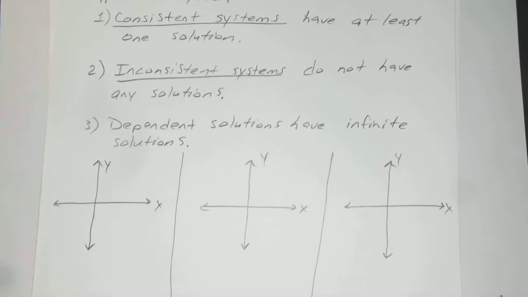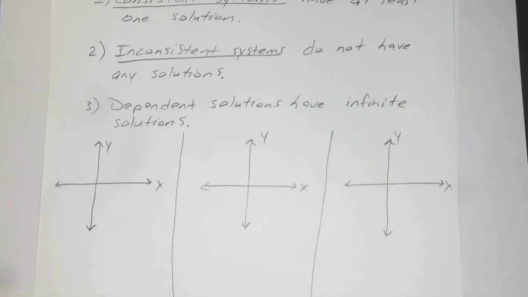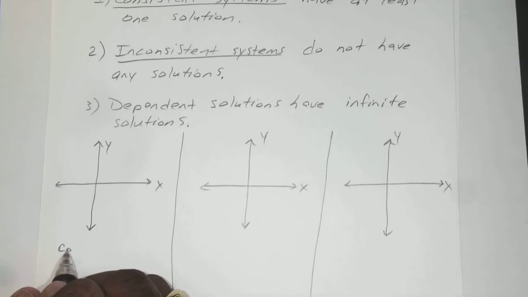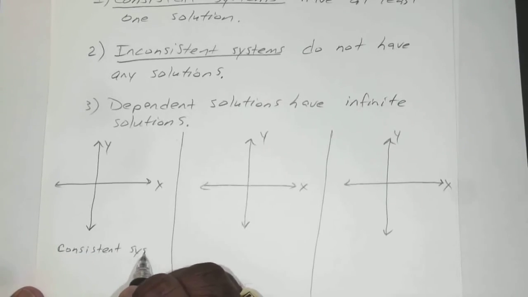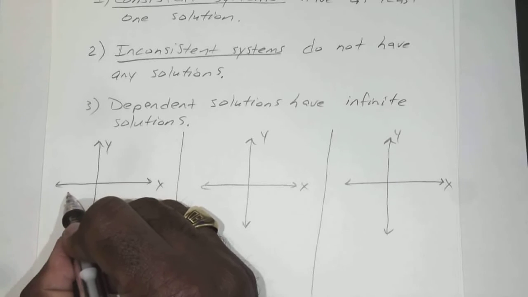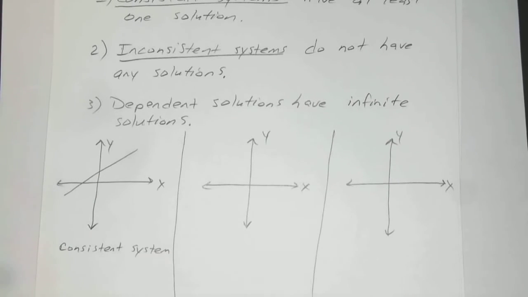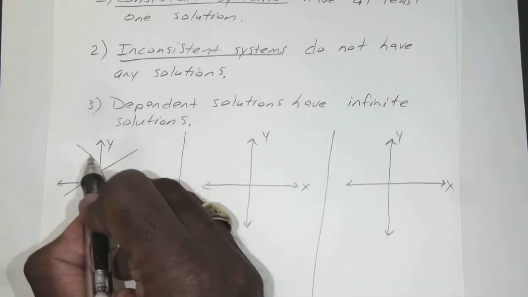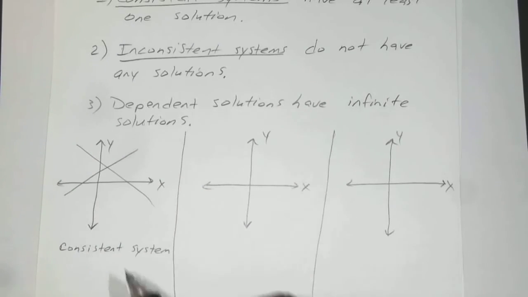Okay, so now we're going to look at the graph of a consistent system. Let's say you have one graph and you graph it, and that's what you get. You get a second equation and you graph it, and that's what you get. Wherever they intersect, that's your solution.